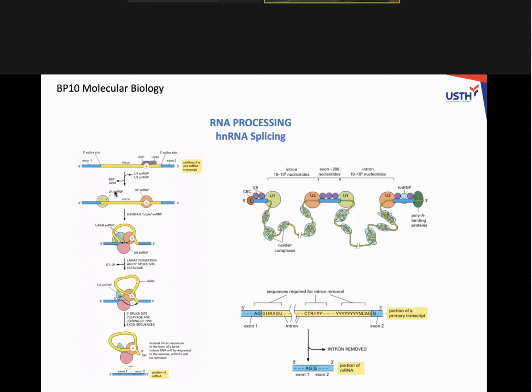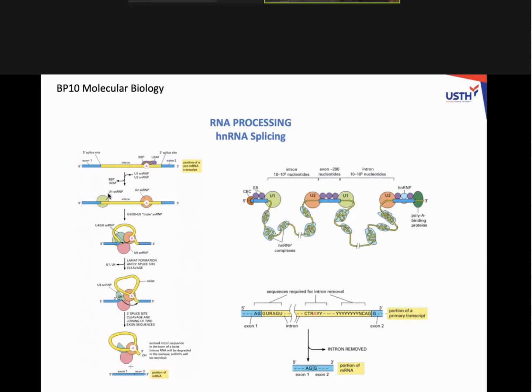It means small nuclear for sn, and RNP is ribonucleoprotein. So U1 and U2 are big complexes containing proteins and RNA as well, like the ribosome. The ribosome contains protein and RNA, but those splicing factors also contain RNA and protein.